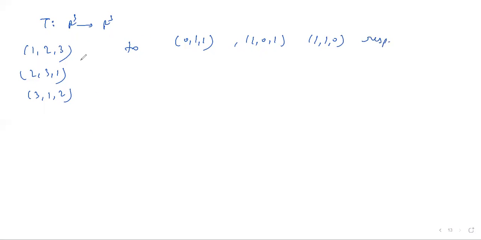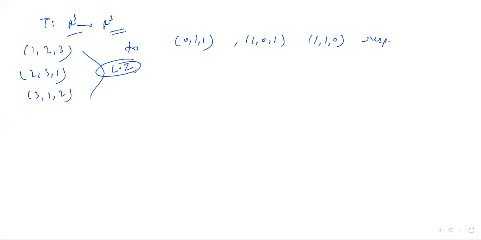If we analyze these vectors, we get that they are linearly independent, because none can be represented as a linear combination of the others.